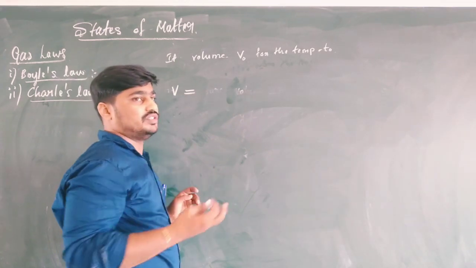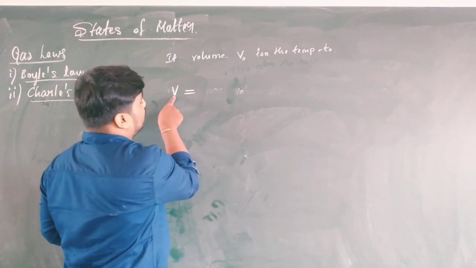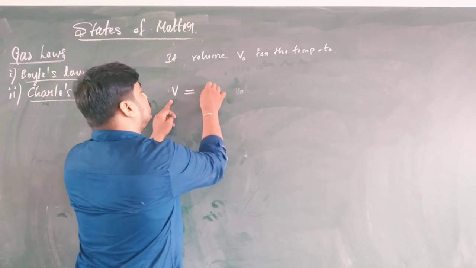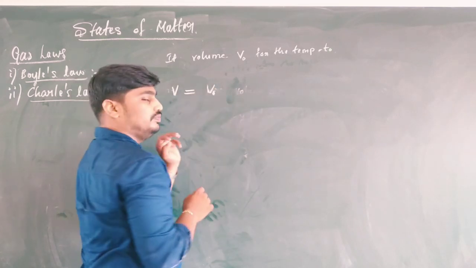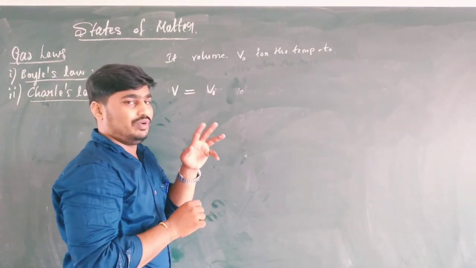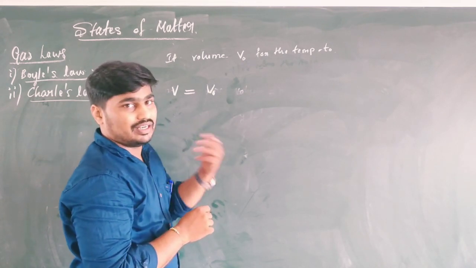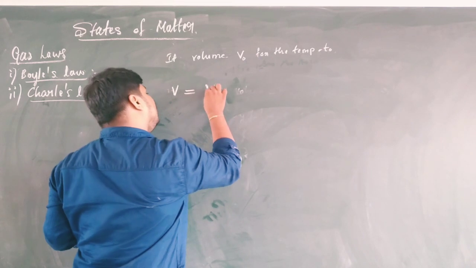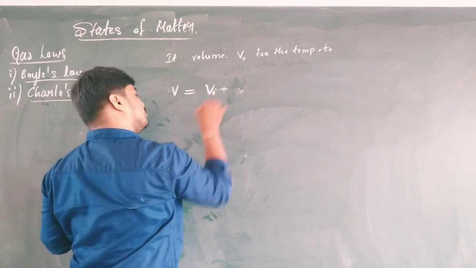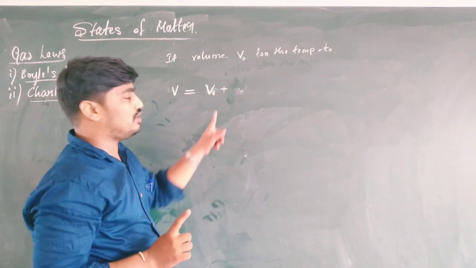Now, considering how much volume increases when the temperature is increased, V is equal to the initial volume. We are increasing the temperature, therefore plus. Suppose we decrease the temperature, now it becomes minus.